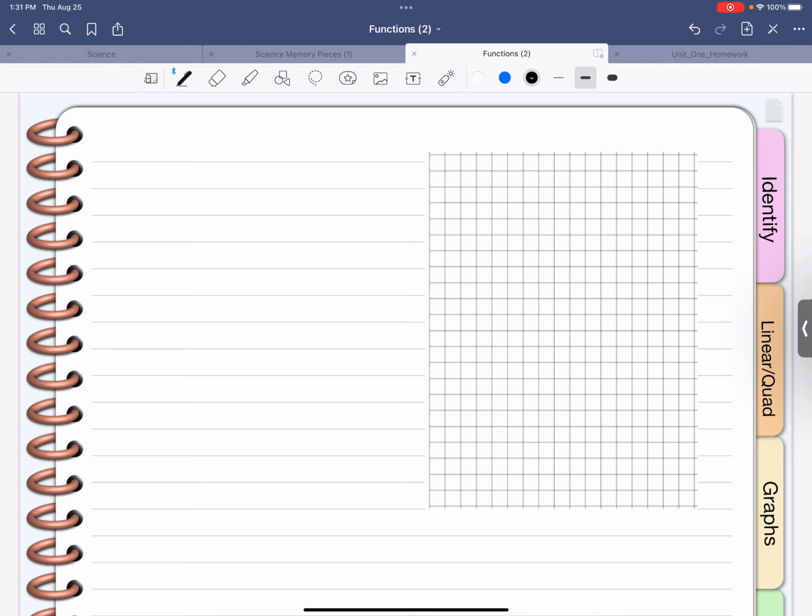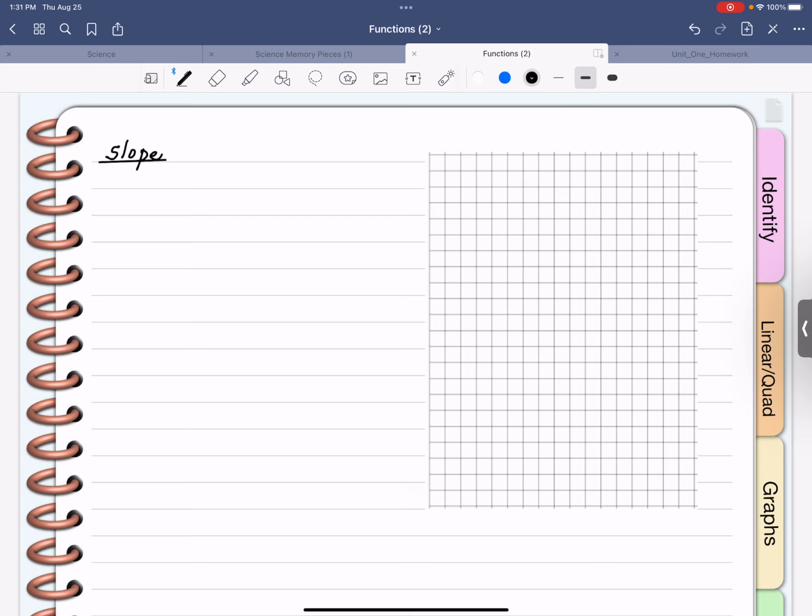The first thing that I want to make sure we cover is the concept of slope. So, slope is an element of graphing that you will use a lot when you're dealing with functions.